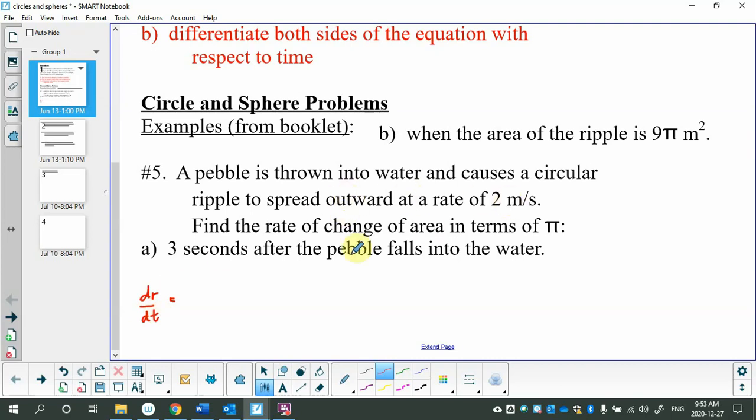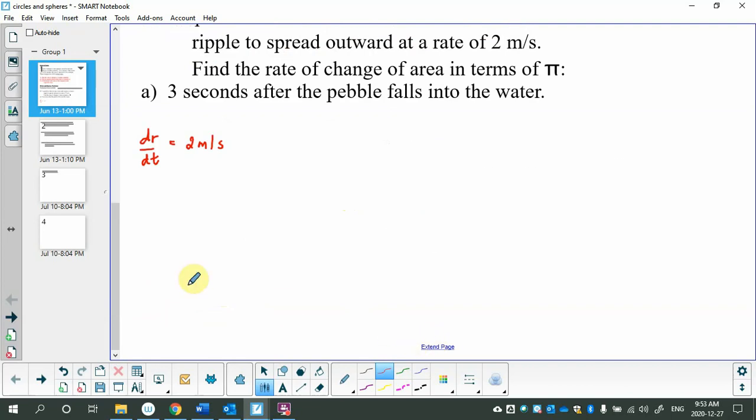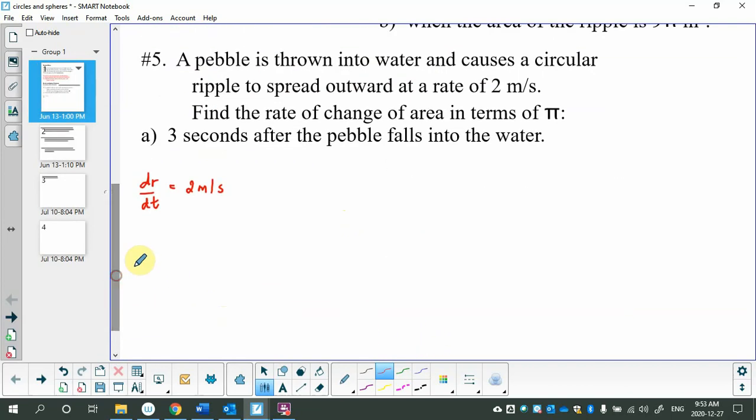Because it's spreading outward, it's a positive 2, and it's meters per second. And I tend to always write down the units so I don't have to reread everything. Then the question says, find the rate of change of area. So we're looking for dA by dt, in terms of pi, meaning we want pi in our answer. And the question says 3 seconds after the pebble falls into the water.